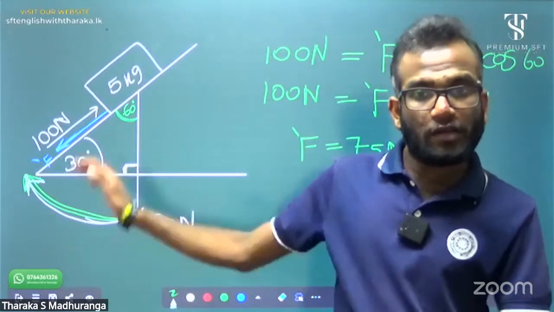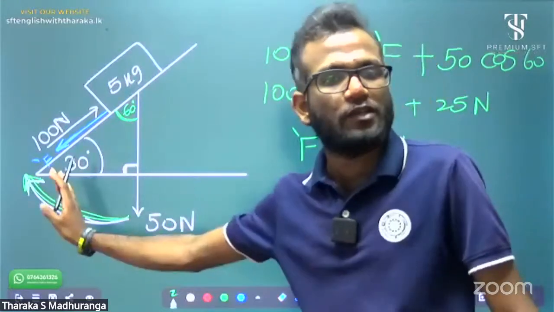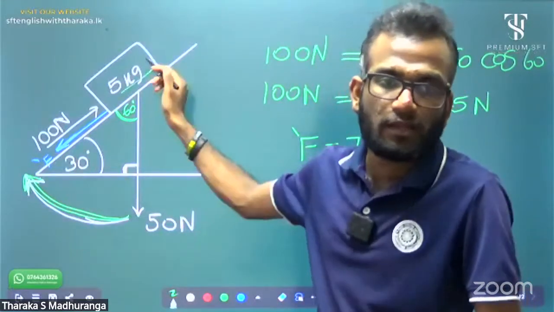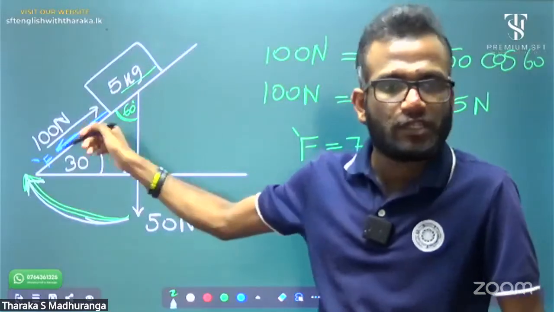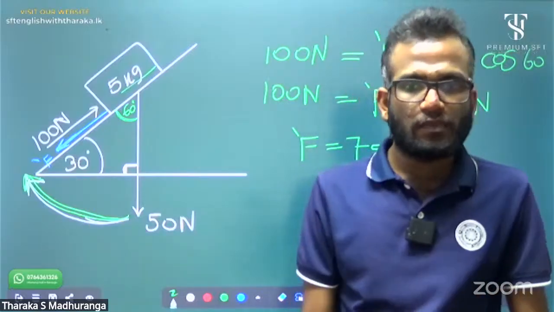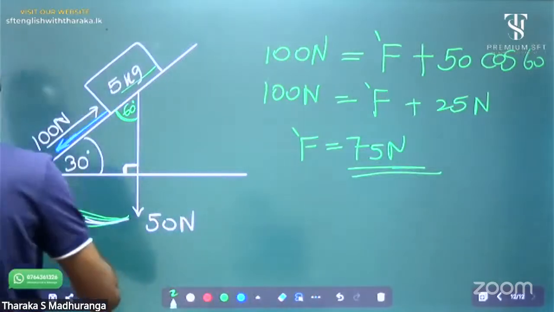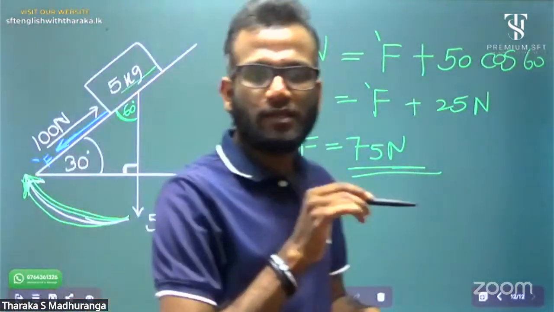Understood? Your point is correct. If there were no force component, it would be only the friction force. But into downward, two forces. There is a force component by the weight.